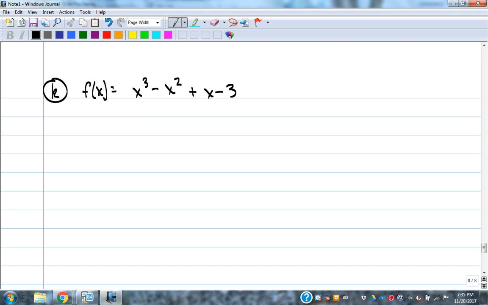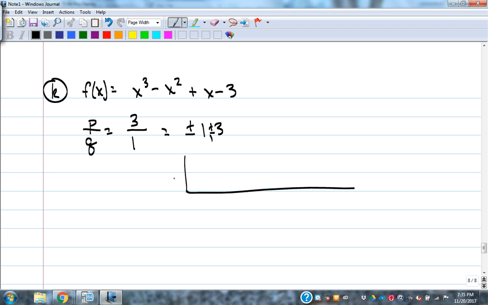P over Q shouldn't be too bad on this one. Small numbers of 3 and 1. So what are the factors of 3? 1 and 3. So those are the only things that could be the real rational zeros for this one.